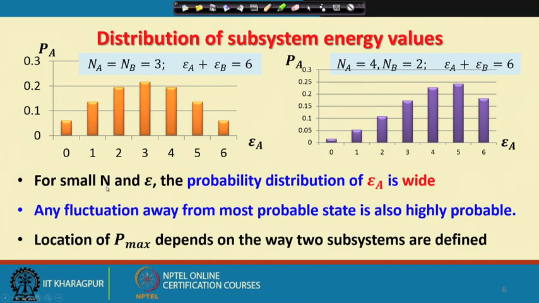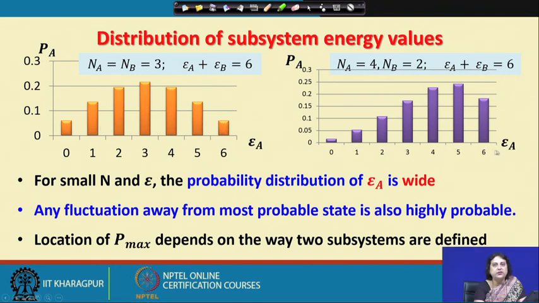If I have a small value of n and a small finite value of epsilon, as in these two cases, the probability distribution of epsilon A is fairly wide. As you see that there is non-zero probability associated with all the possible values of epsilon A. And therefore, we conclude that any fluctuation away from the most probable state is also highly probable.